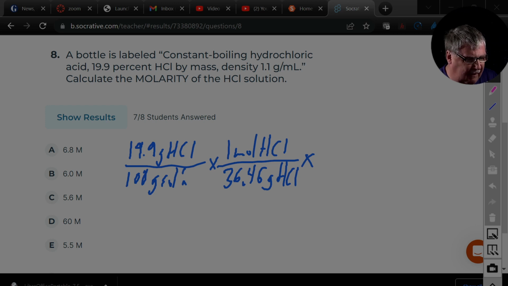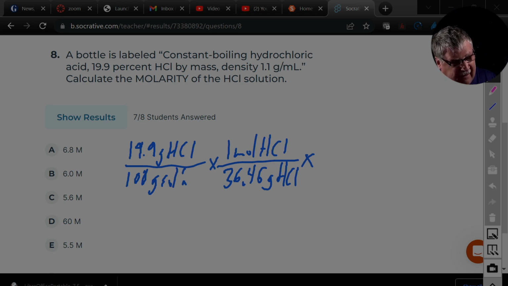All right, so what are we going to do? We figure out again, if we're going from percent to molarity, that means we want to say, okay, how much solute and then the amount of solution. If it were to molality, we would use the other one like we did in the previous example. Where we'd say, okay, it's 19.9 grams for so many grams of water.